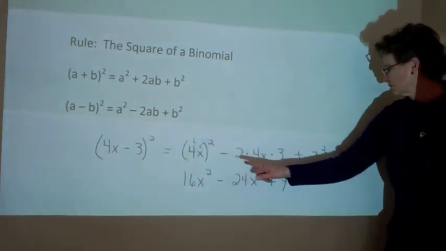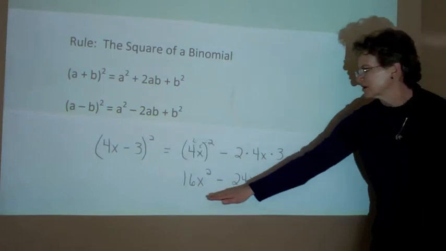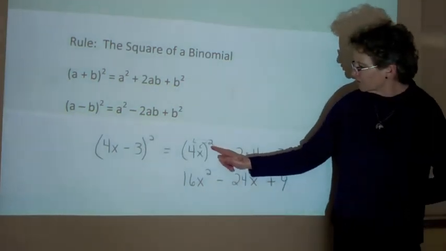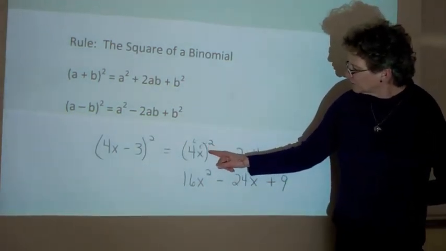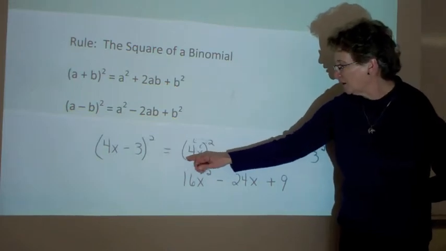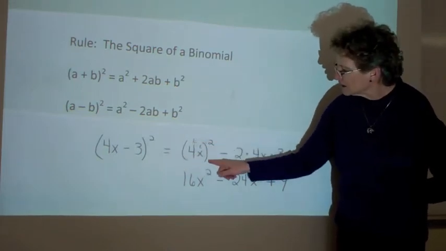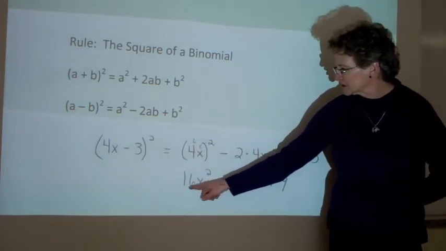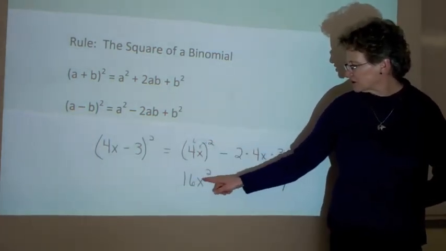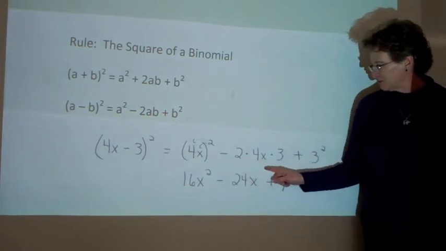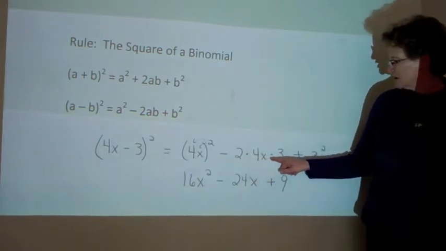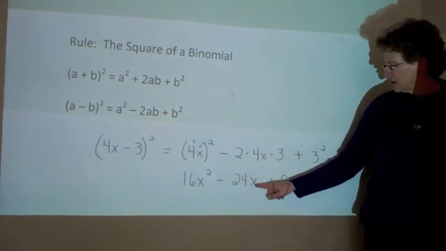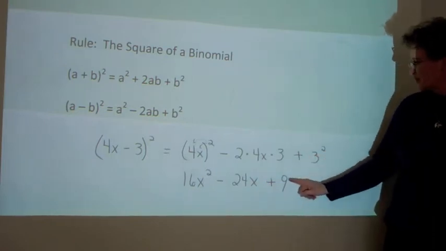The last term is 3, and I square it. When I simplify, I have to be careful here. When you have a power, everything inside gets taken to the second power. So 4 to the second power is 16, and x squared is x squared. Then I simplify this. The 2 times 4 is 8, times 3 is 24, times x, and then 3 squared is 9.